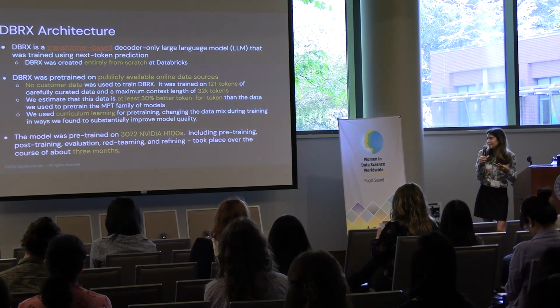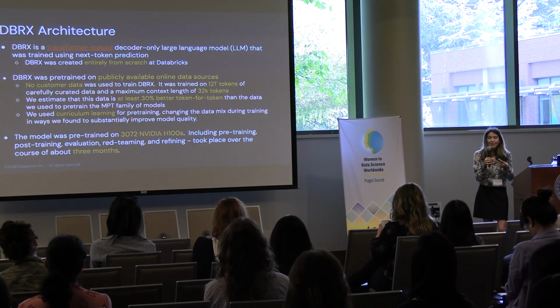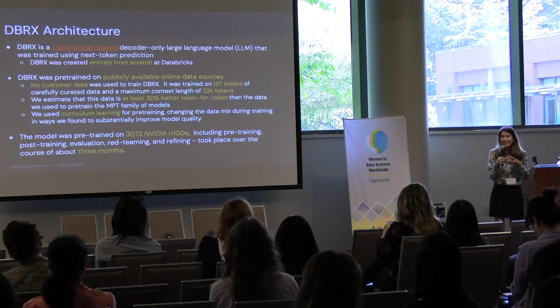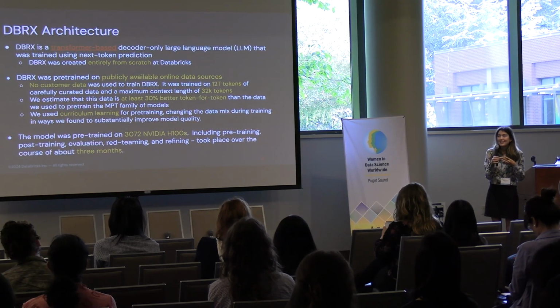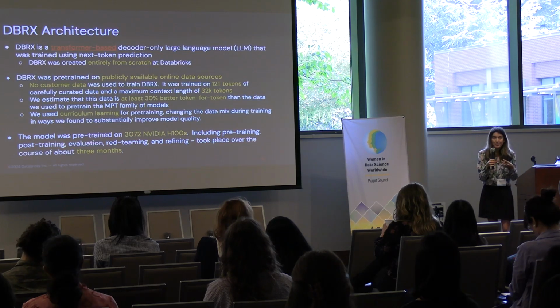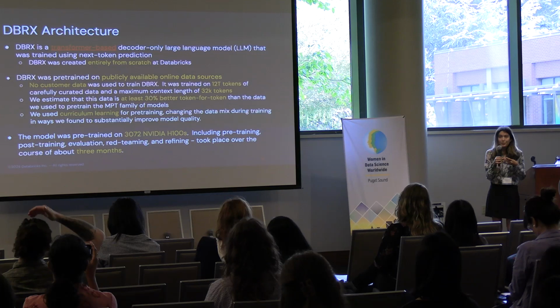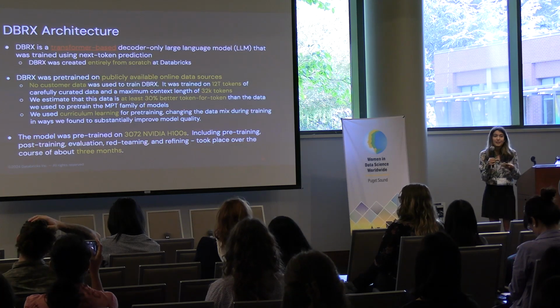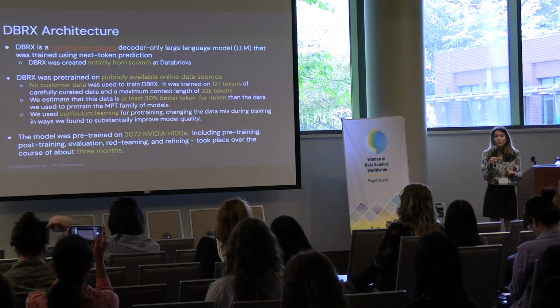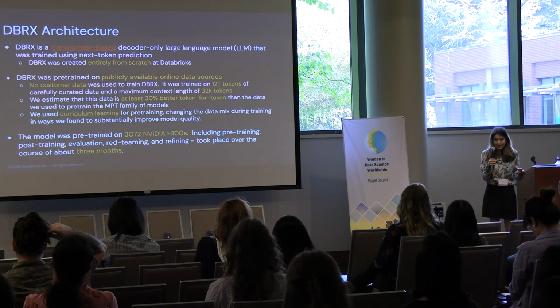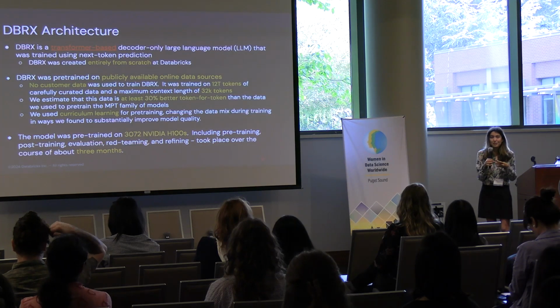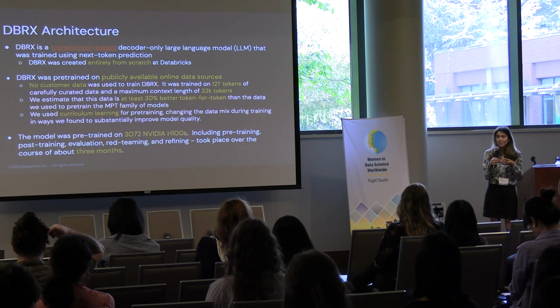We had some interesting research on curriculum learning from our data science team, which was that for language, you only need about 3 billion parameters to get a pretty good score on some language metrics, but you need at least 7 billion parameters to get a good score on code and math, which is an interesting finding, and it suggests that math and code are actually more difficult than basic English.